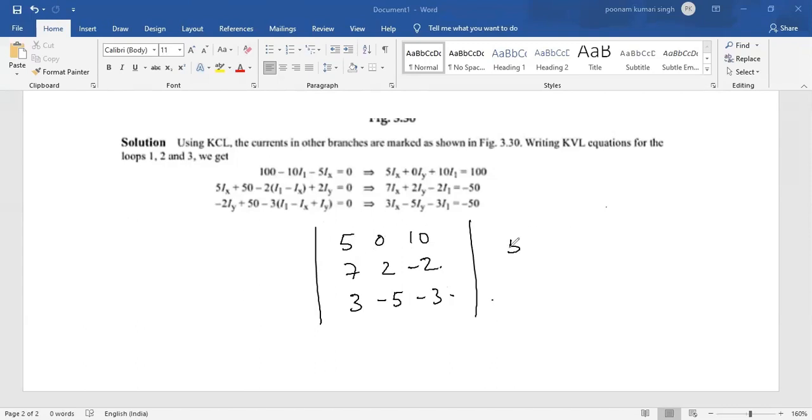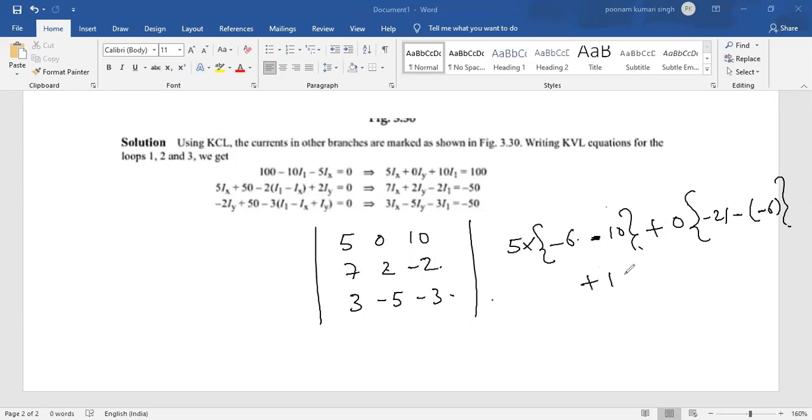So this is 5 multiplied by 2 into 3 minus 6, minus 5 into 2, 10, and with a minus sign, this is 0, so everything will be 0 here, but for you to understand I'll write plus 0 into 7 into minus 3, minus 21, minus 3 into minus 2. Minus 3 into minus 2 is minus 6. Although it is all 0, I told you how it will come.